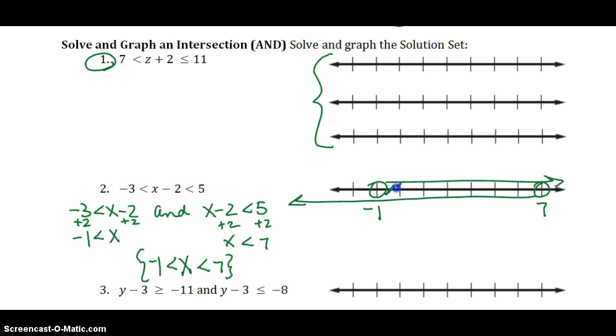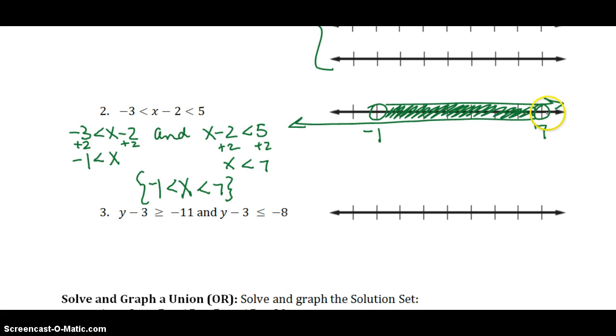So the graph of the solution is all the points in between -1 and 7, and of course not including -1 and 7. So somehow I need you to show me on your paper with your pencil. That's why I do these big squiggly marks, because I know the green would show up on the black ink, but on your paper, your pencil mark is hard to see.